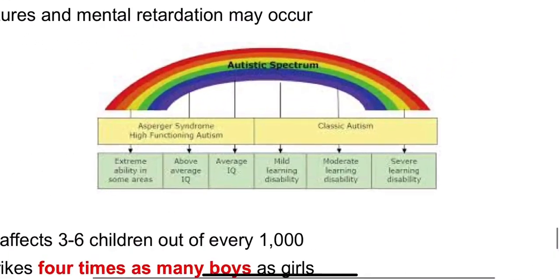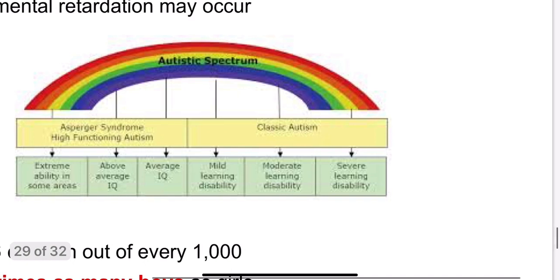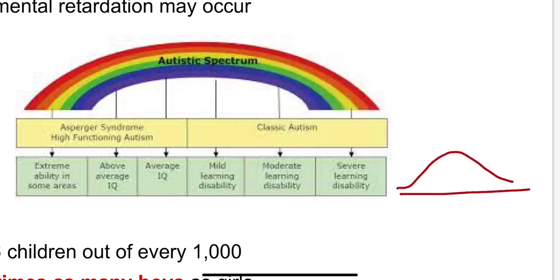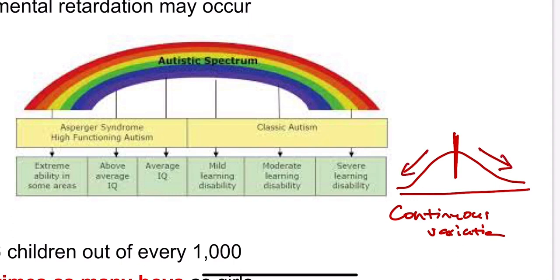So I want to just go back here to the spectrum and point out something that we've learned before when we talked about that continuum. If we see a trait that is exhibiting a continuum, we know this continuous variation, this typical bell-shaped curve with an optimum in the middle and then lower to both extremes, shows us that this is a polygenic scenario.